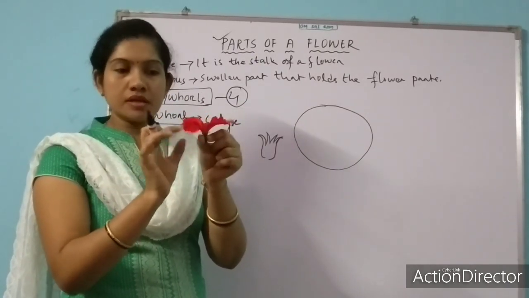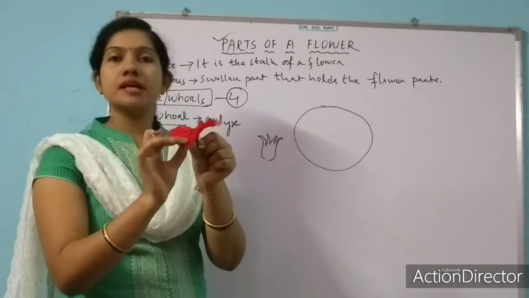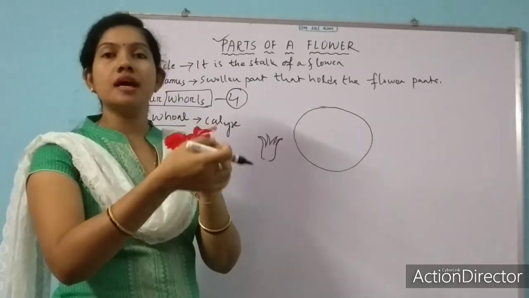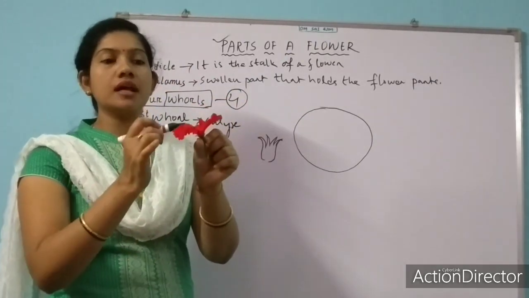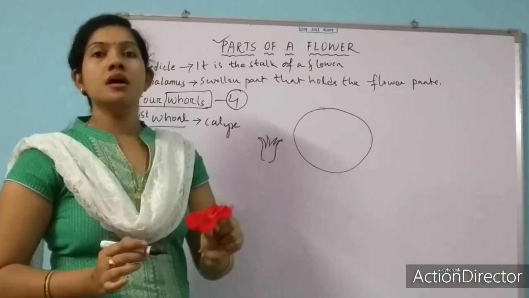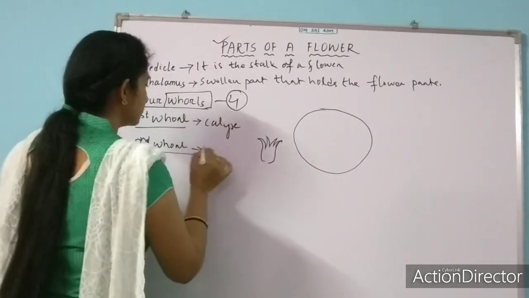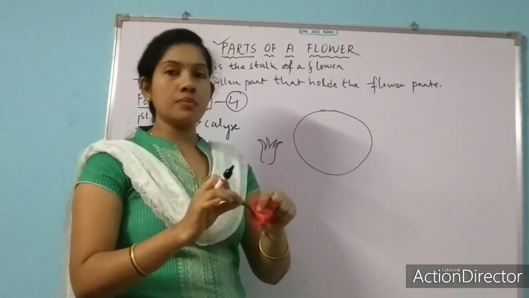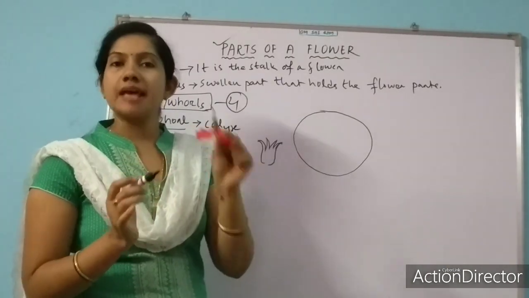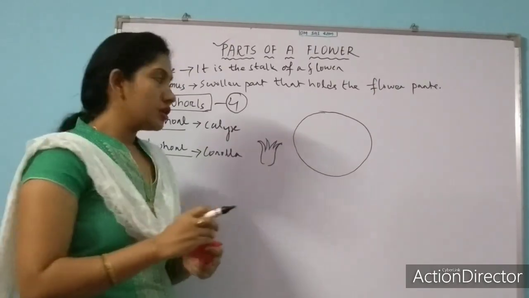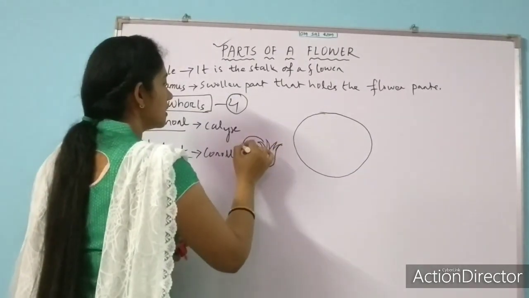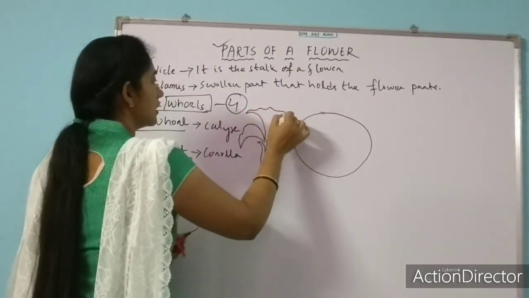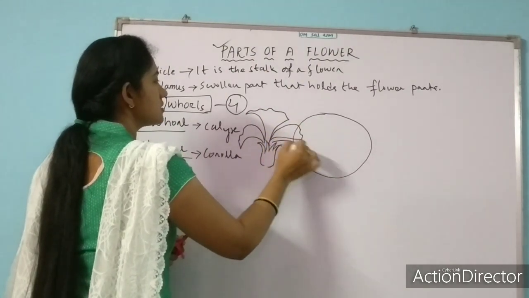So what does the second whorl consist of? The second whorl consists of bright colored petals, and the collection of petals is called corolla. The collection of sepals we call calyx. The collection of petals we call corolla. So here I can draw like this.